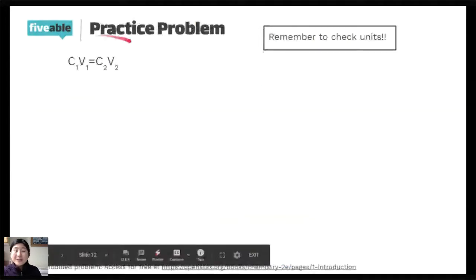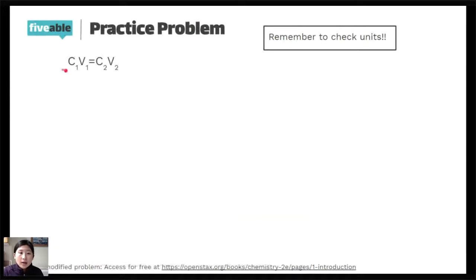All right, so now we're going to do another practice problem, on concentration and volume. This is a case where we're not adding another solution to the current solution.